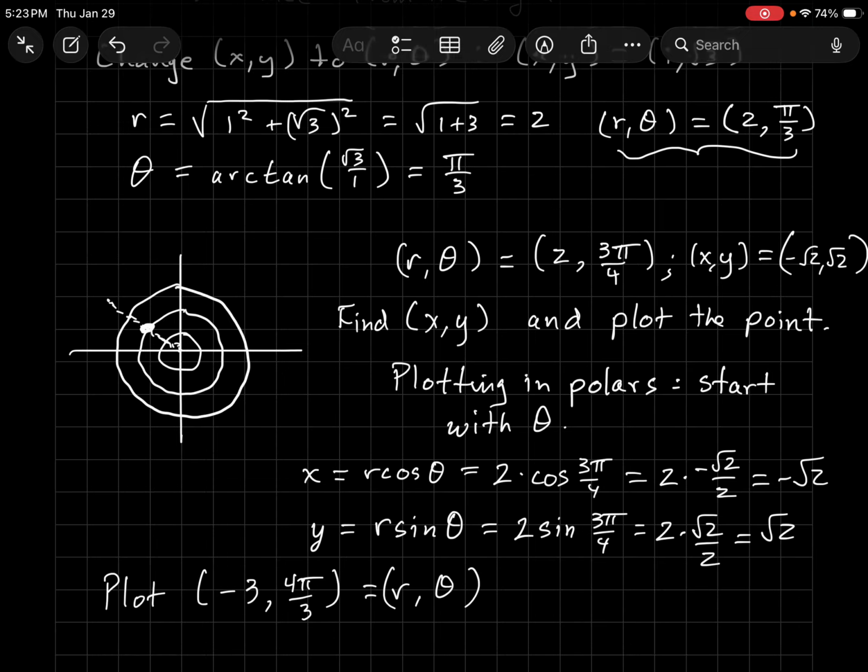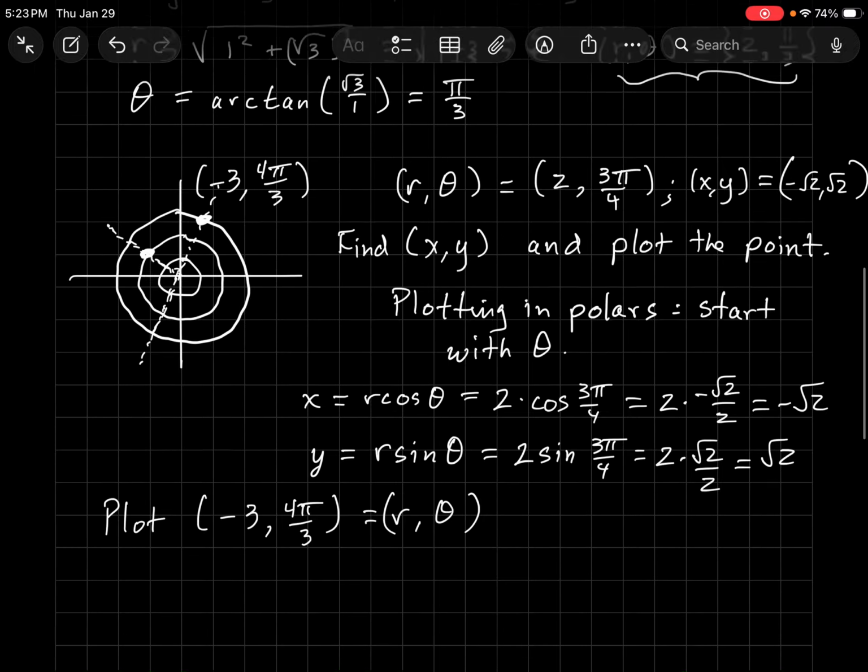So 4 pi over 3 is somewhere down there in the third quadrant. But the negative 3 says go not in that direction, but in the opposite direction. So I go 1, 2, 3, in the direction opposite of the angle 4 pi over 3.